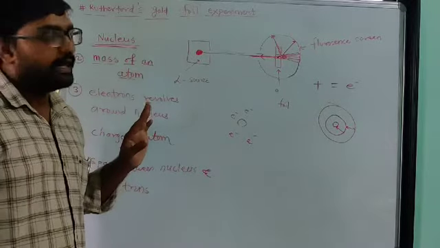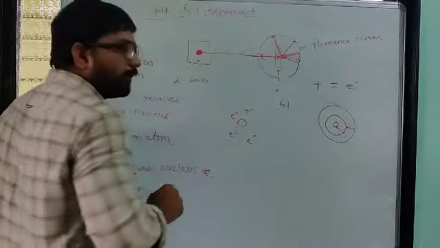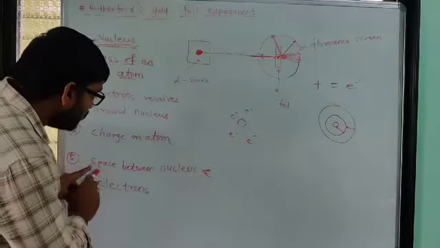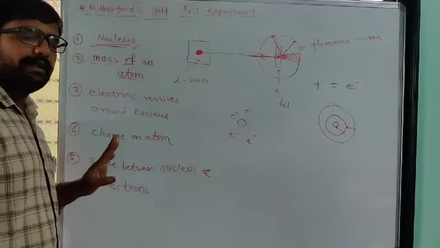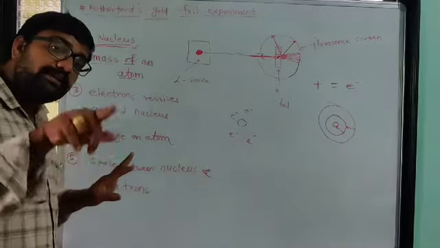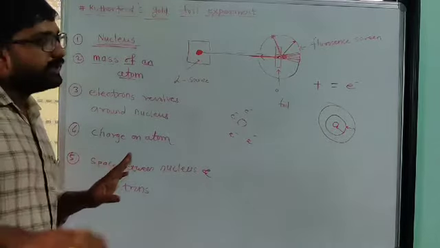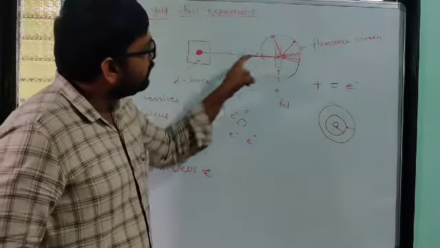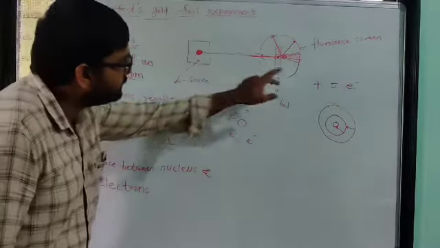Many alpha particles go straight forward because of the space between the nucleus and electrons. This tells us there should be some space between the revolving electrons and the nucleus. That is why a large number of alpha particles can go straight on this track.